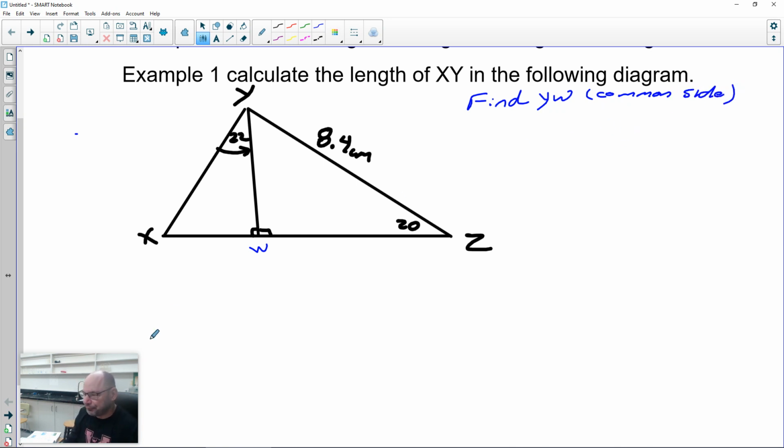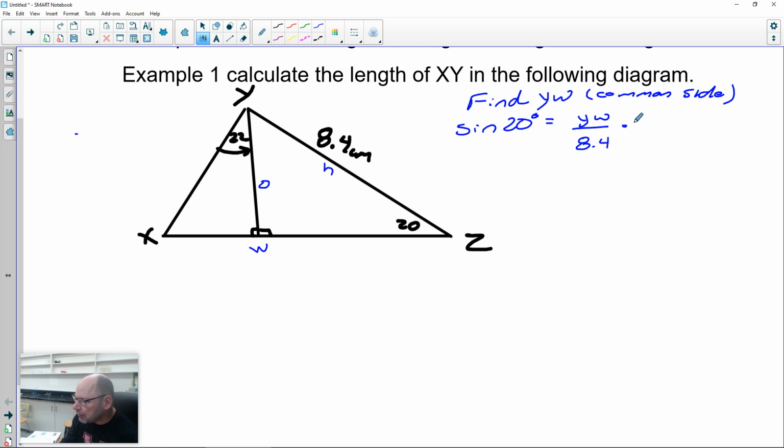And like that. Okay, so if we're going to find that common side, we are going to be using angle Z. Angle Z said 20, so that's opposite over hypotenuse. So the sine of 20 degrees equals x, or YW, pardon me, not x, over 8.4.